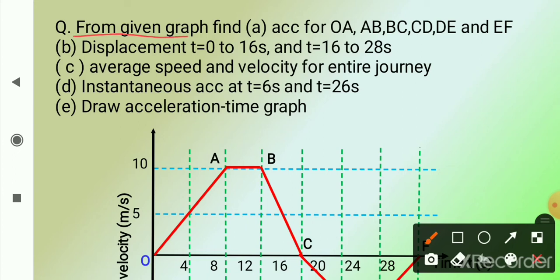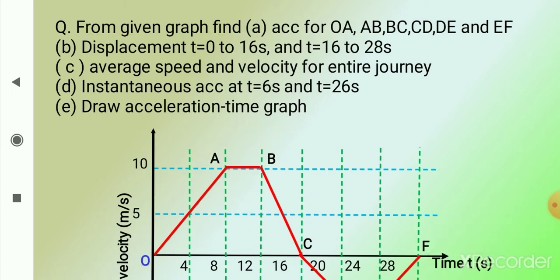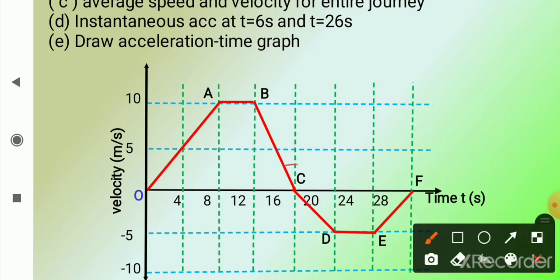From the given graph, find acceleration for part OA, AB, BC, CD, DE and EF. We have to find out acceleration for every part.